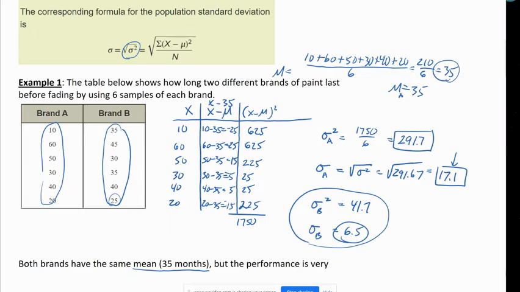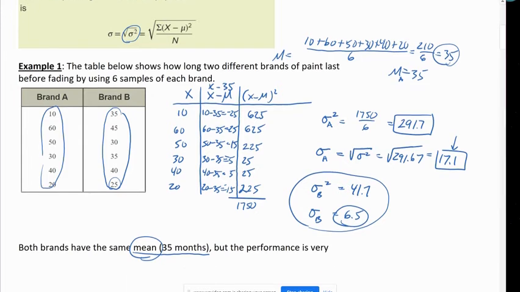It's kind of a gamble to use brand A, whereas brand B is very consistent, and we can expect something around 35 years if we buy brand B. So that's where just having things like the average or the mean isn't usually enough to compare data. We need other things to compare, like the variance and the standard deviation.